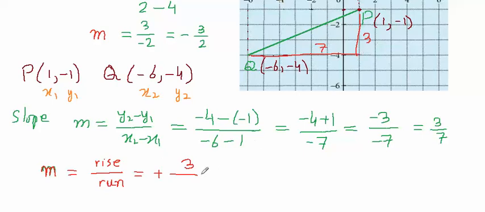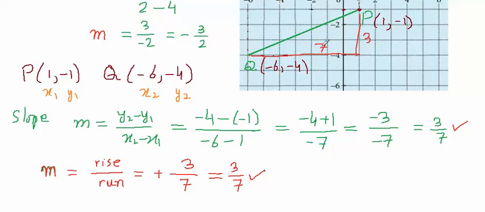This is 7. So see that we got the same answer, 3/7 positive. Or you can remove the positive sign, because if it is positive we don't need to write positive, but if it is negative, we have to write negative. So this answer and this answer are the same. So this is about the slope or the gradient of the line.